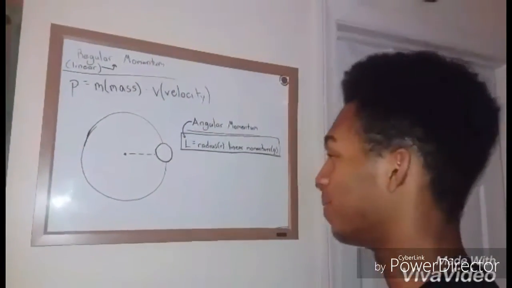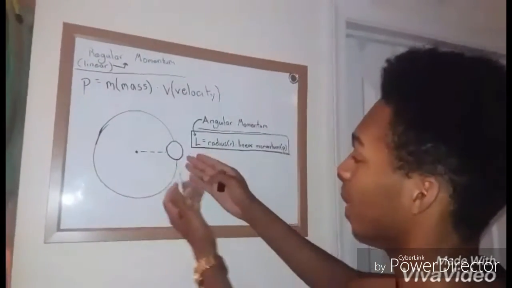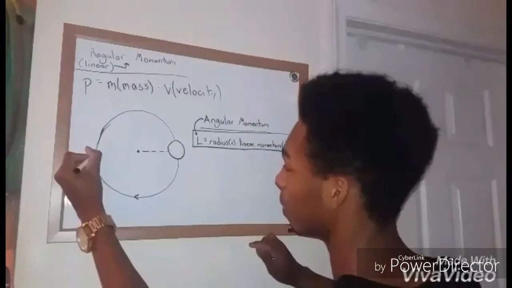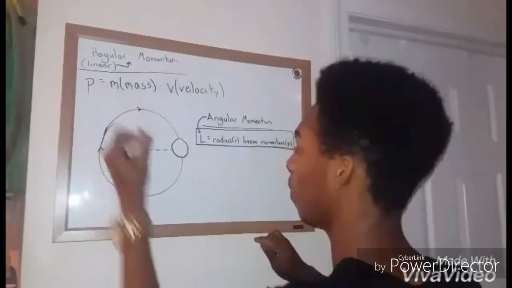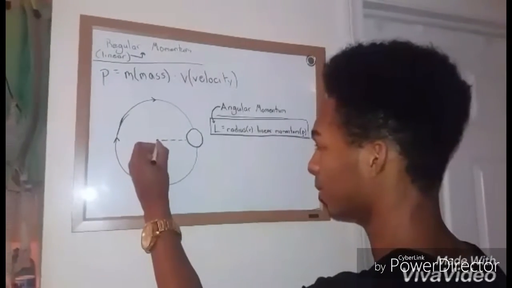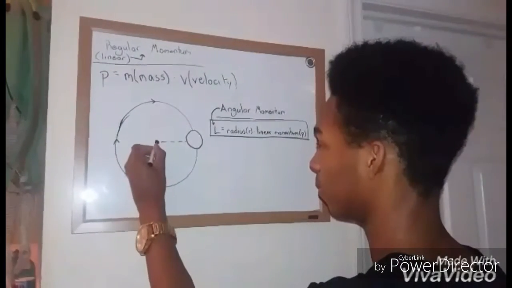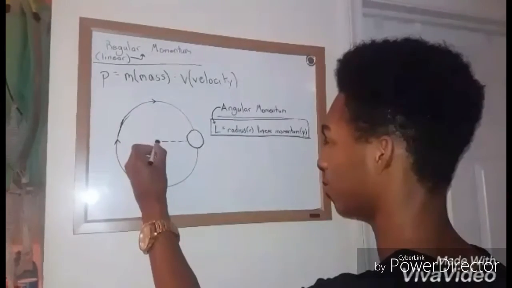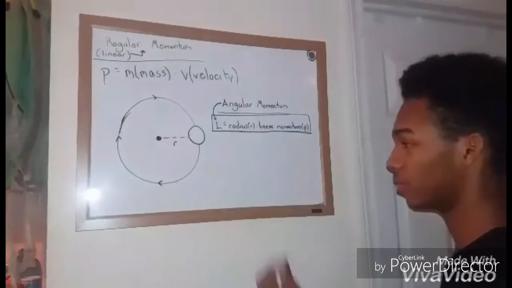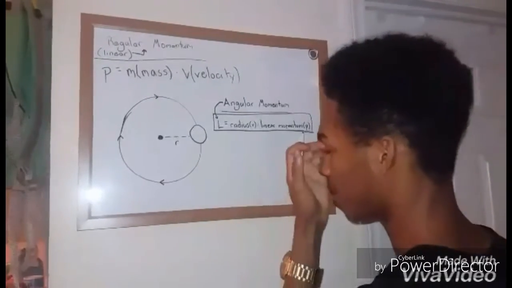So let's do an example. So let's say you have this object right here going counterclockwise on a string. Let's assume the string is massless, and it's fixed to the center point right here. So this will be your radius, the distance from your center point to where your object is.